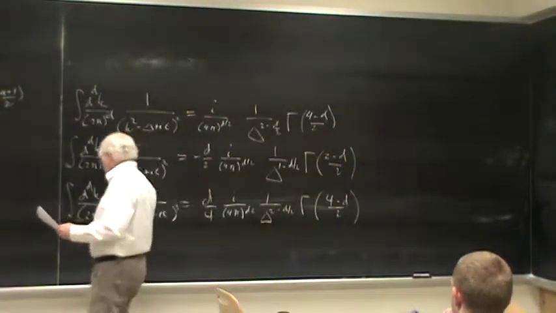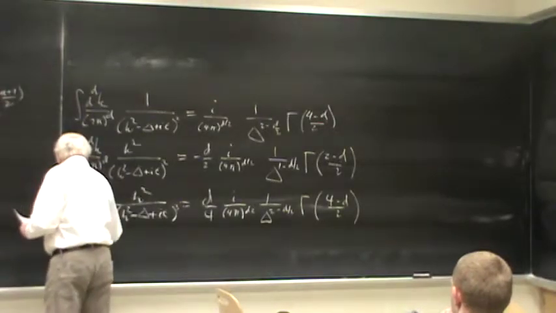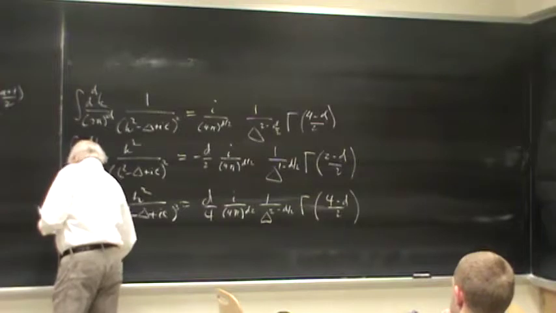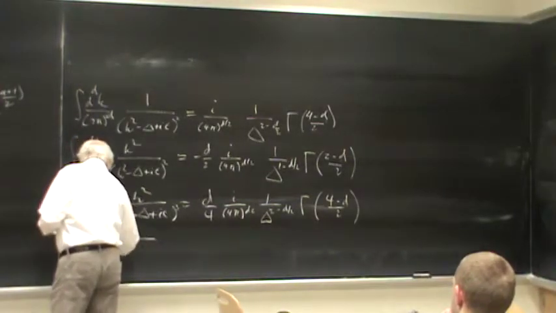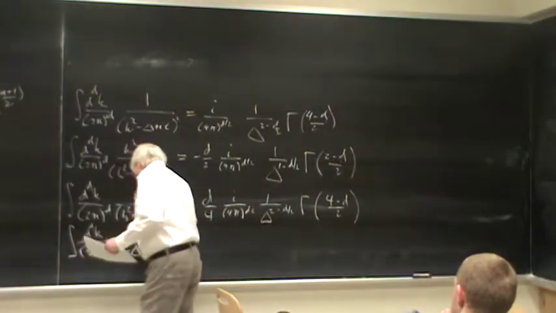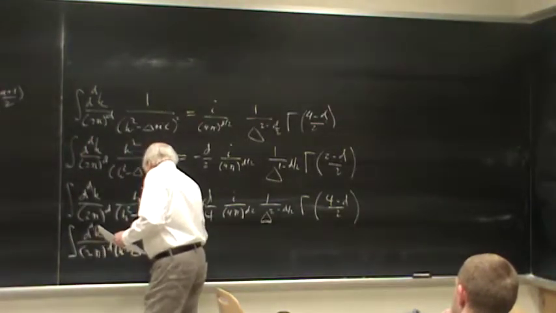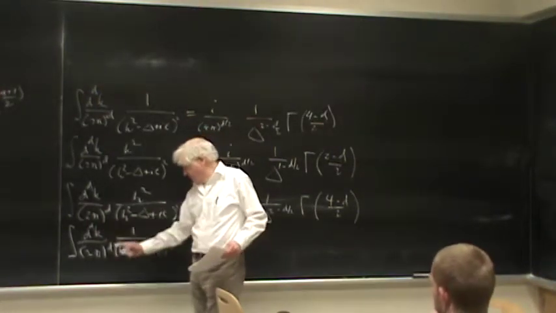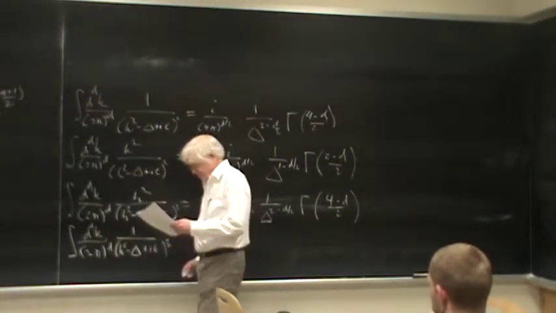And now here's the one that I used this afternoon: ∫ dk/(2π)^d of 1/(k² − Δ + iε)³. So this thing in 4 dimensions is d⁴k over k to the 6th.